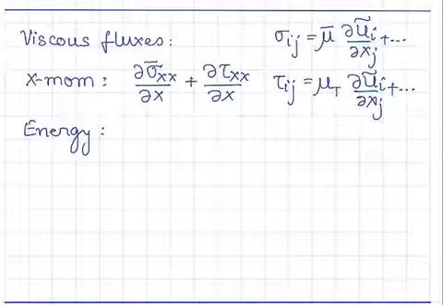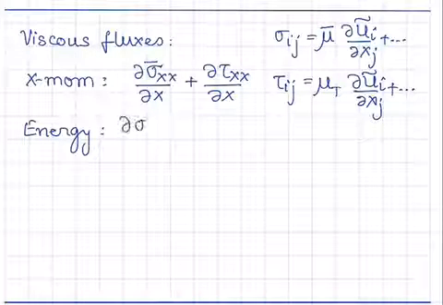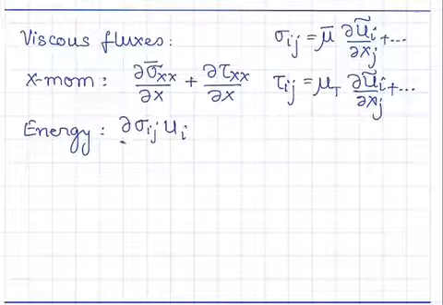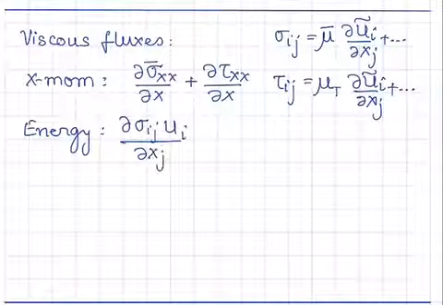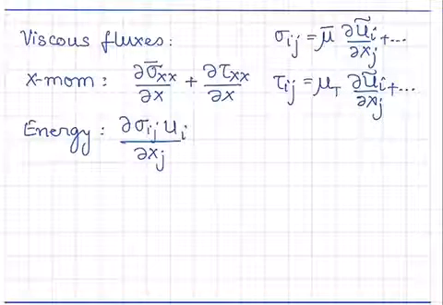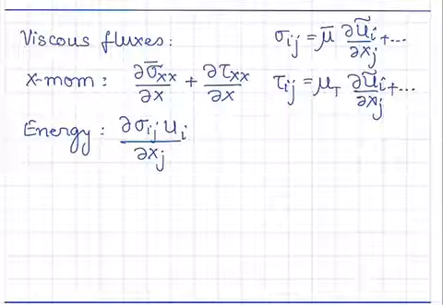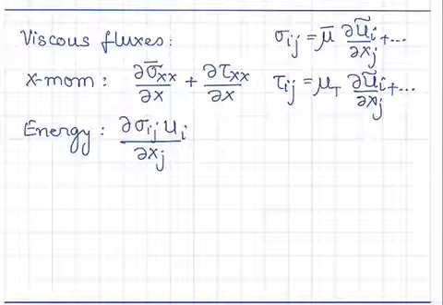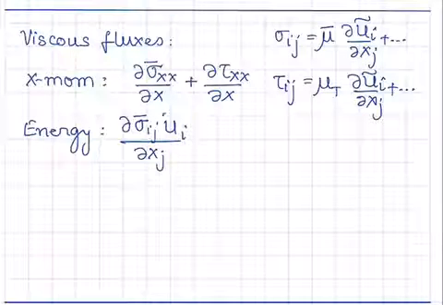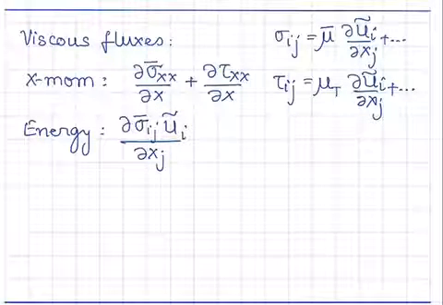has several terms. One is sigma ij ui derivative with respect to xj. This is a term which is called the viscous work. We have seen it in the regular Navier-Stokes equation. Now the only difference is we have sigma bar and u tilde.